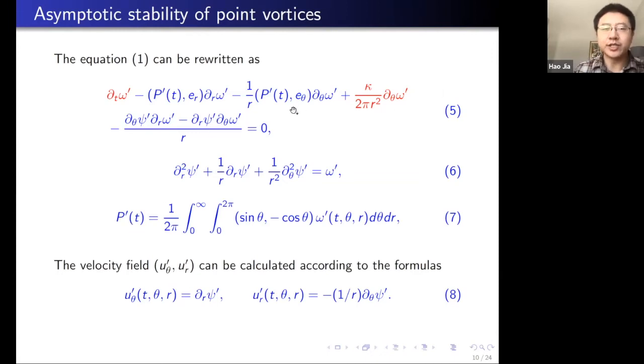In this equation, the main terms are the linear terms. We have two linear terms in the equation for the vorticity field, which are partial_t omega prime and kappa over 2 pi r squared partial_theta omega prime. All the other terms are nonlinear, and we have to somehow control them. But the expectation is that the linear terms will dominate.